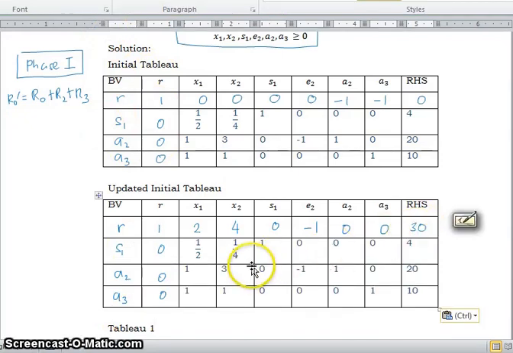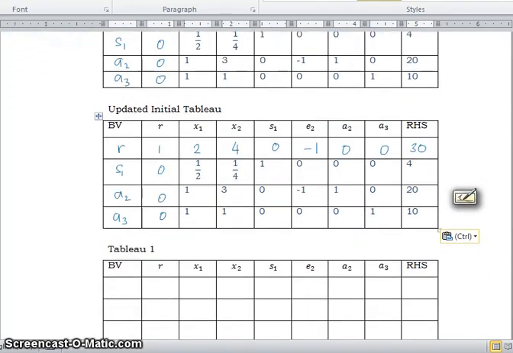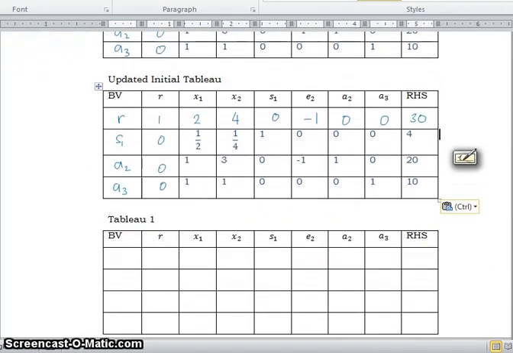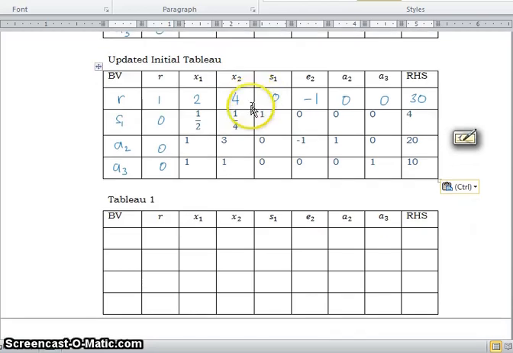Okay, after we get a new row 0, now we can proceed to the next step, where we need to check the optimality of this updated initial tableau. Since we want to minimize R, we need to make sure there is no positive coefficient in row 0.